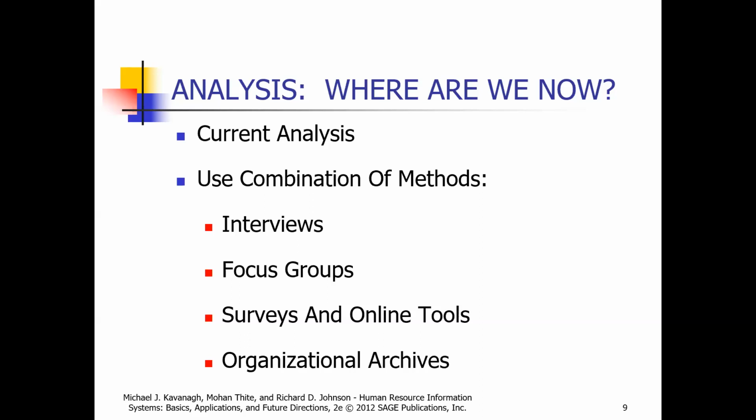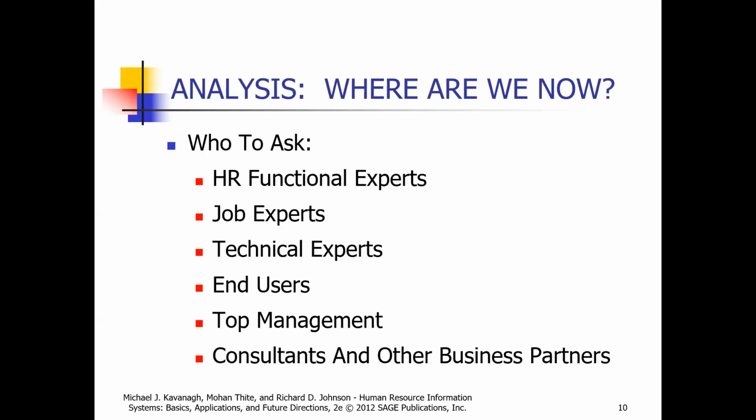And the organizational archives, where we have our old records, show that the organization has achieved certain points, but it might also need certain changes in the future. So these can also be utilized. So who would be the people we are going to ask these questions?